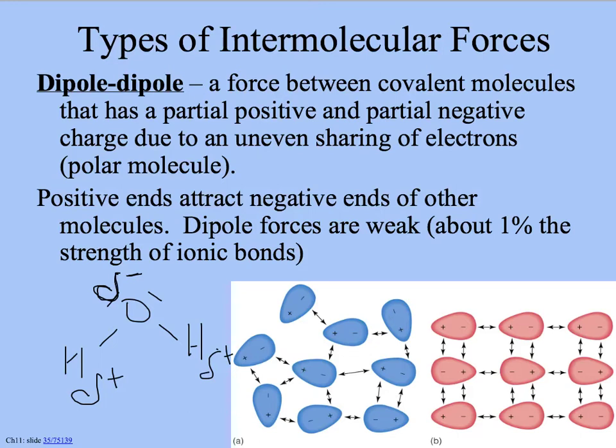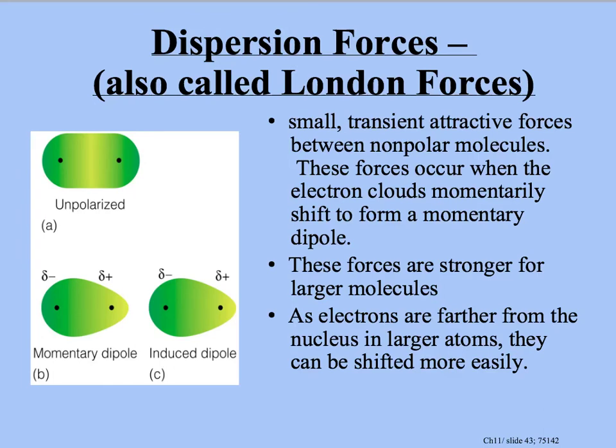As this depiction shows, the negative end attracts to the positive end of a neighboring molecule, and so there's attraction between the particles because of the opposite ends. So dipole-dipole is our first type of intermolecular force, and it's just that force of attraction between the oppositely charged ends of polar molecules.